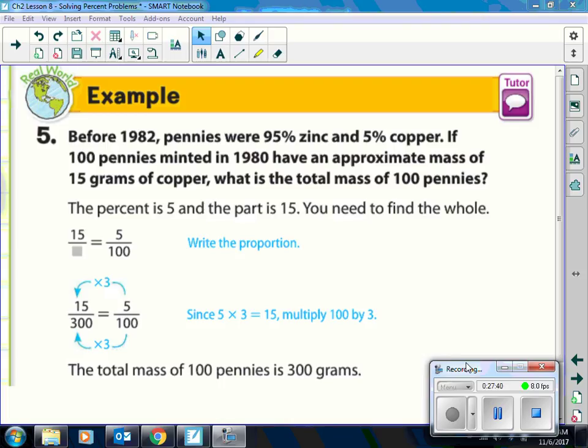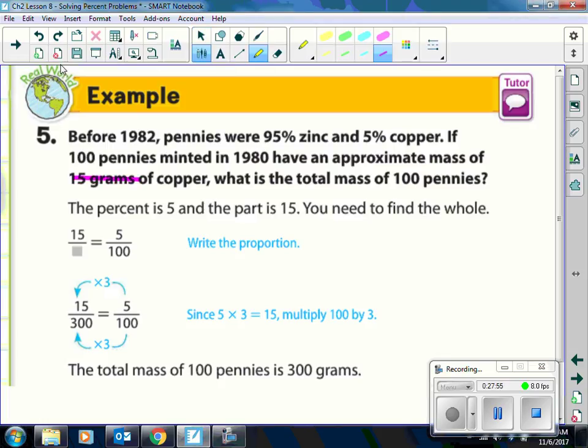So here we want to know, we've got 15 grams of copper, and 5% copper, and we want to know what is the total mass.